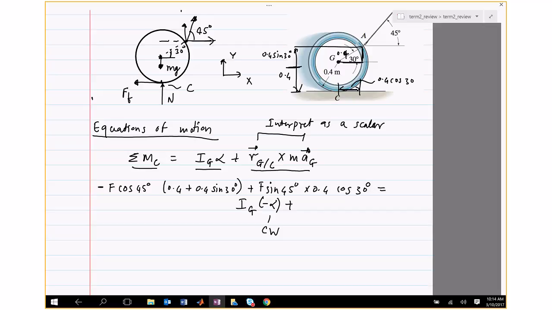If you want to take the cross product, one way to do this is to say this R is R times j, crossed with mass times Ag, which is a scalar now, times i, and then you'll get m Ag R. j cross i is negative k. So it's negative k.